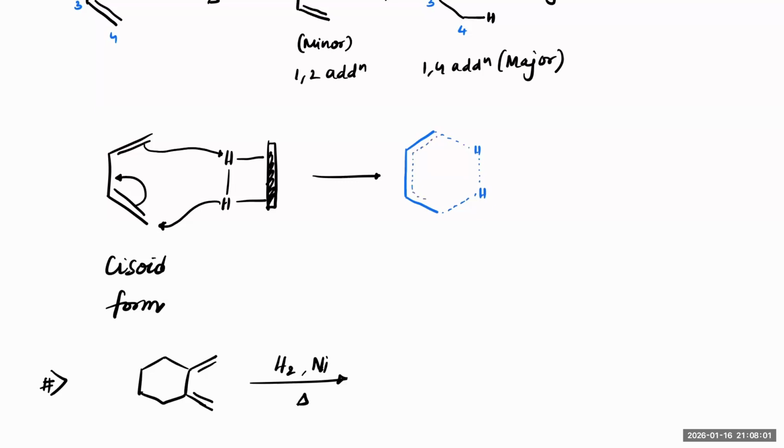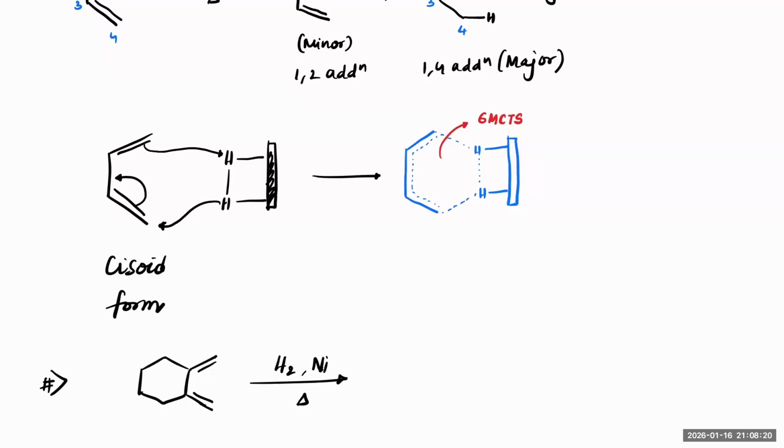You can see this is the movement of the pi bonds and new bonds which are forming. And here is hydrogen and hydrogen connected with the metal surface. Okay. So what we are getting here is a six-membered cyclic transition state.